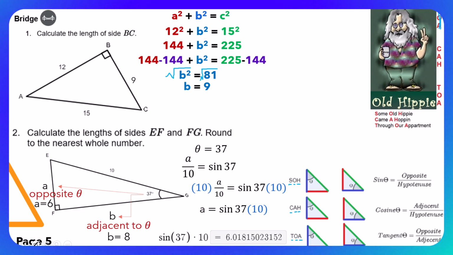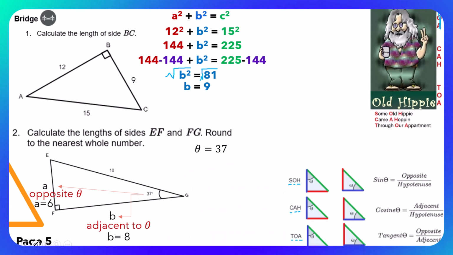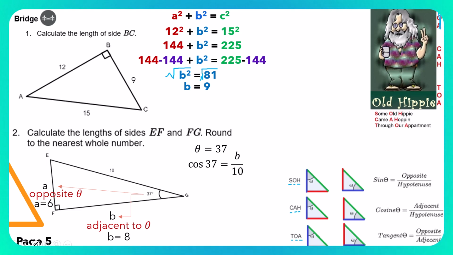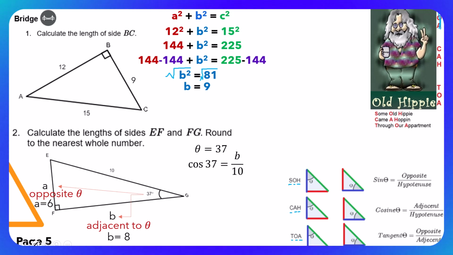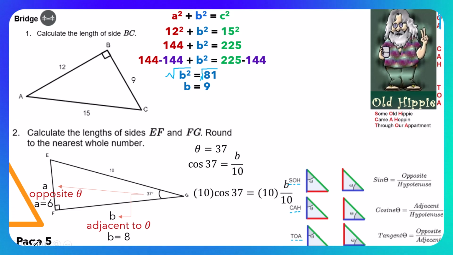Now we're going to use the cosine to find B. Again, we still have theta that's equal to 37. Now we are looking for the adjacent side, which we don't know, so use a variable over the hypotenuse. The hypotenuse is 10. Multiply both sides by 10, just like we did before, so that we can get that variable by itself.